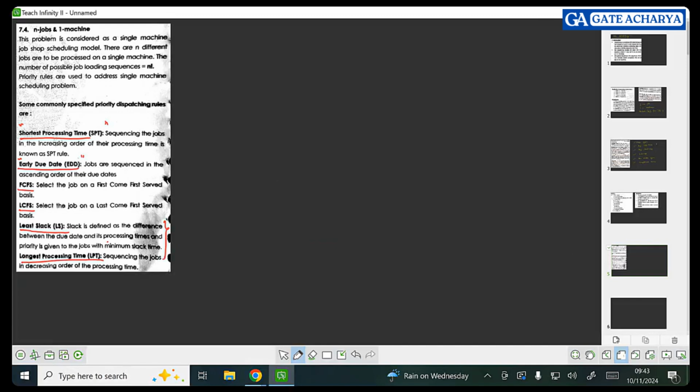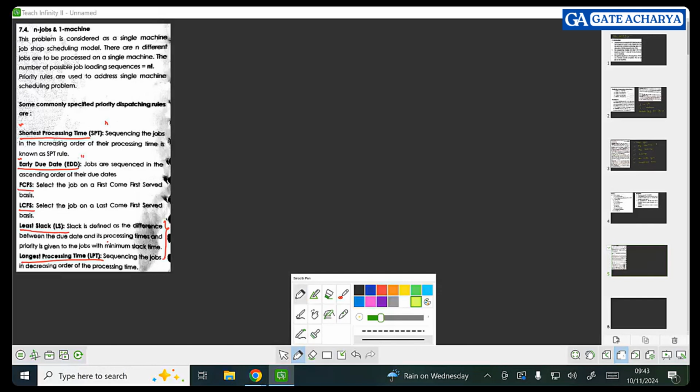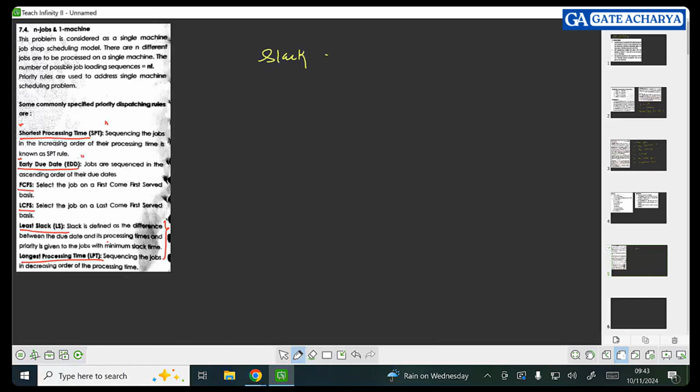Slack is defined as the difference between the due date and processing time. Slack equals due date minus processing time. All right, guys, due date minus processing time, and so the minimum slack value we will consider.